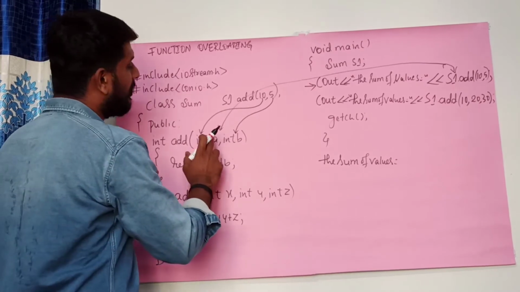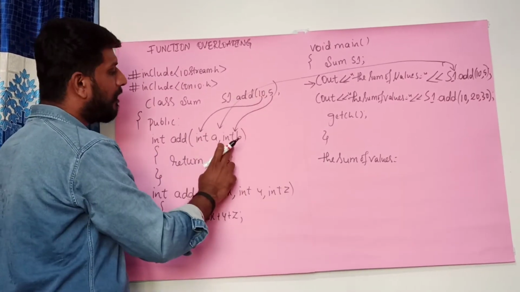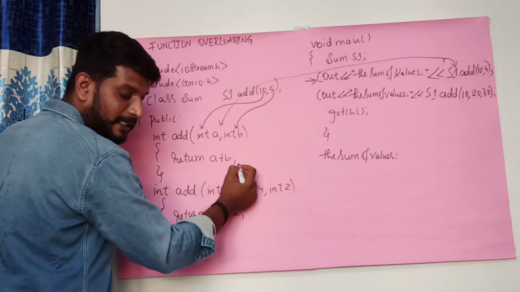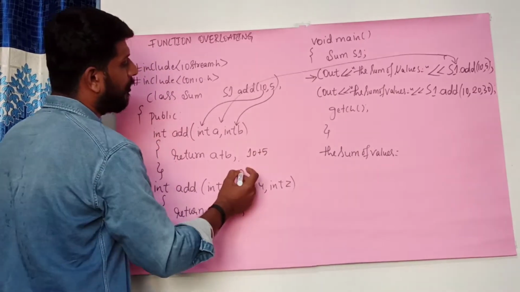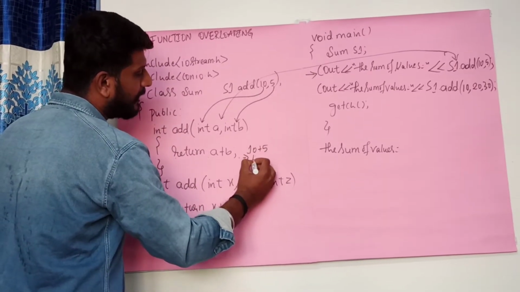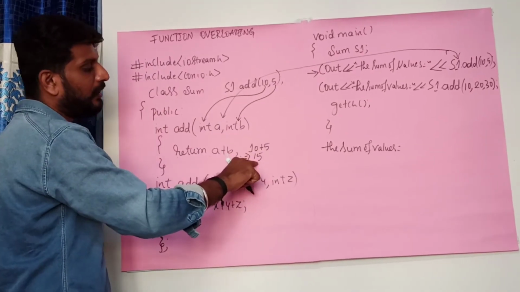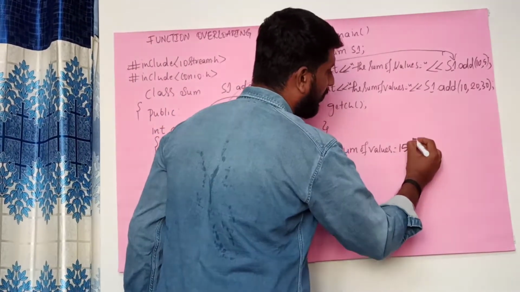Now the value of A will be equal to 10 and the value of B will be equal to 5. So return A plus B is nothing but return 10 plus 5. So this 10 and 5 get added and this particular function will return the value 15. So we will get the output as 15.